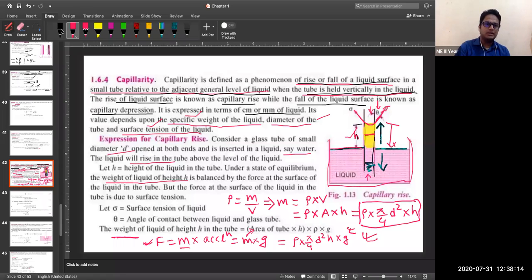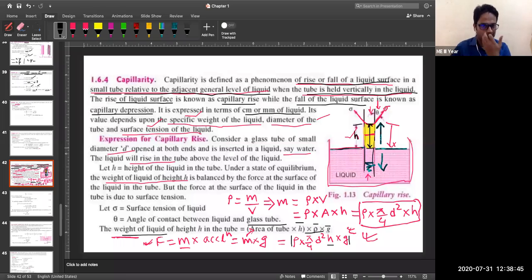If you see, area of the tube into h, area of the tube is pi by 4 into d square, height is h, into rho, rho is the density we have written here, and g is the acceleration due to gravity. So this will be the weight of the liquid of height h in the tube. Okay, so this is the weight of the liquid column from here up to here.